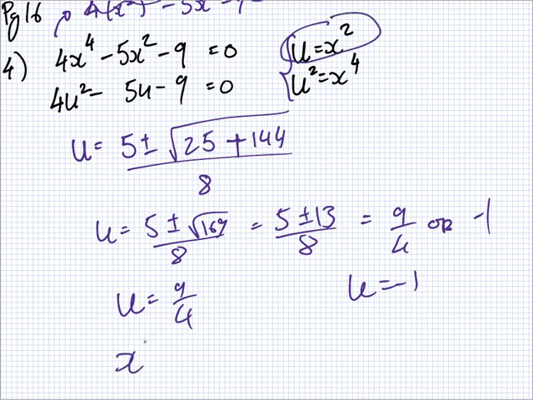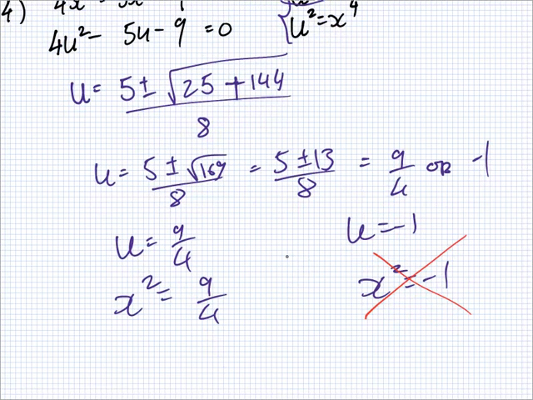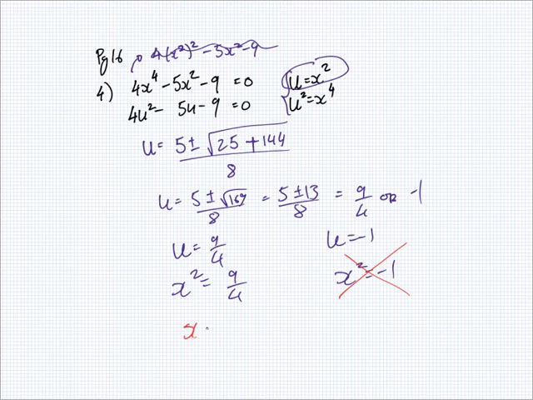So you can have x squared equals 9 over 4, or x squared equals minus 1. But this makes no sense, because you can't have a square equal to minus 1. So finally, you say x equals plus or minus root 9 over 4, which is plus or minus 3 over 2.